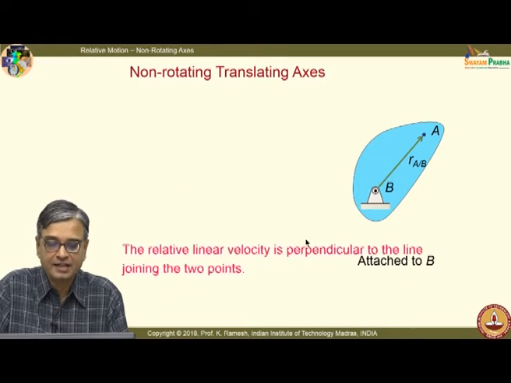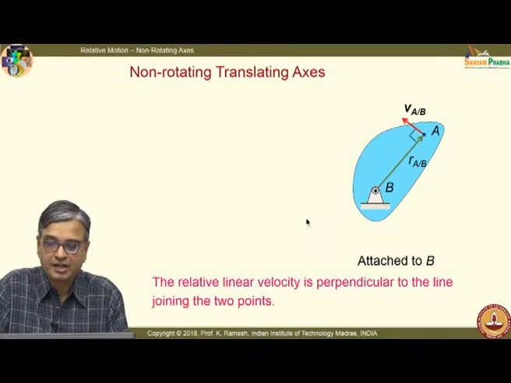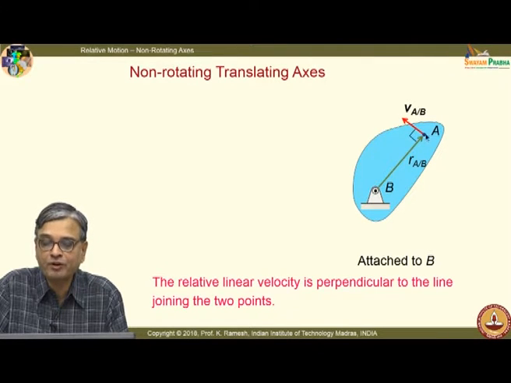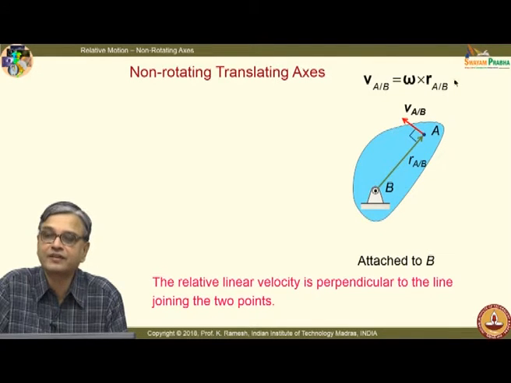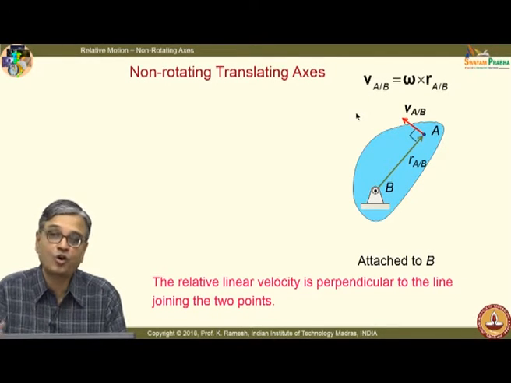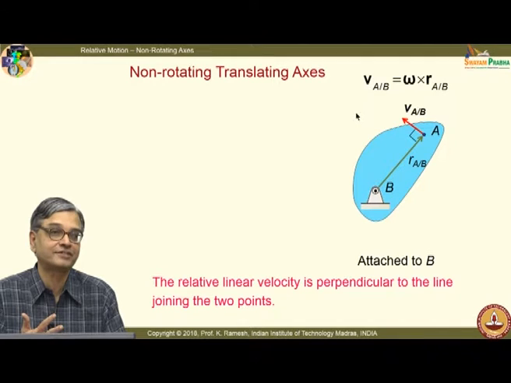I would see the point A moving in a direction perpendicular to this line of action, perpendicular to this line of action, that is V A with respect to B. Is the idea clear? And I can get VAB as omega cross RAB, the equation from your circular motion. If I calculate the velocity like this, I can also calculate the acceleration in a similar fashion.